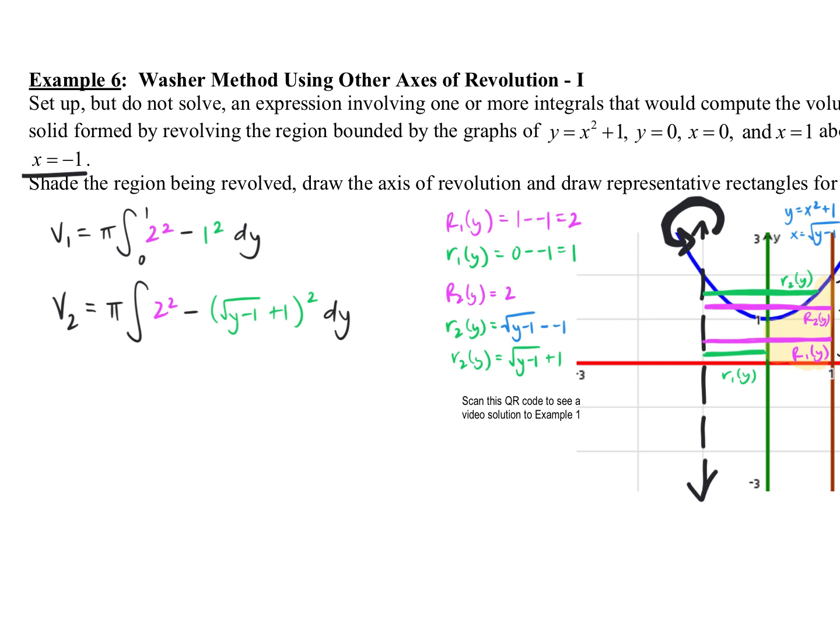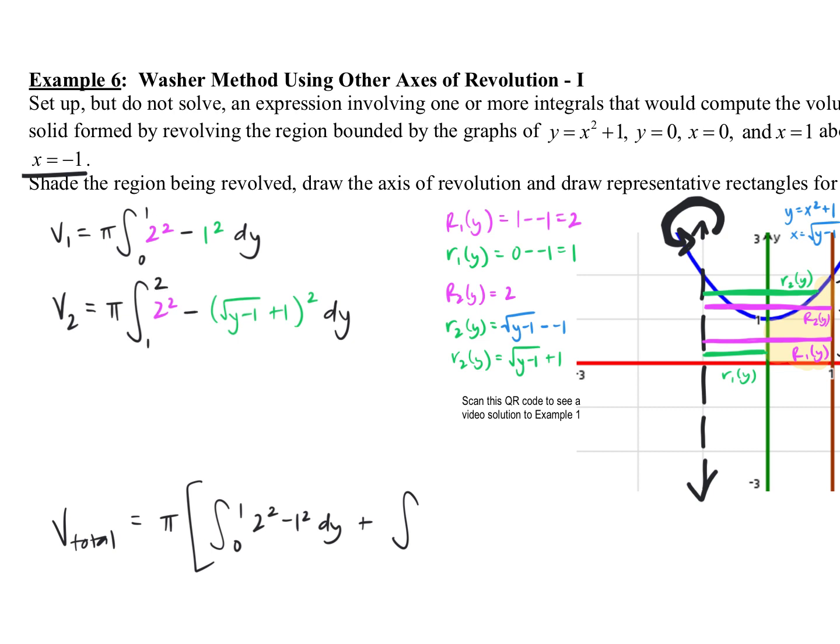If I wanted to write the entire setup, your total would just be those two things added together. I could take a pi out, so I would have the integral from 0 to 1 of 2 squared minus 1 squared dy plus the integral, oh, we forgot to write what we're going to.